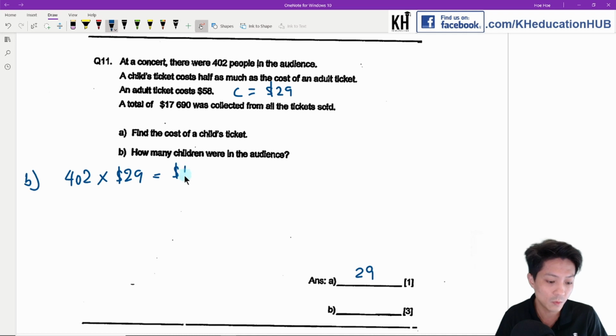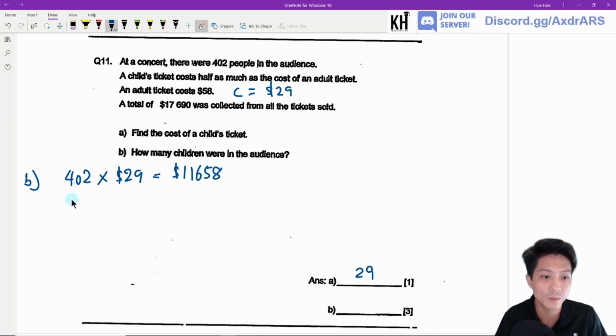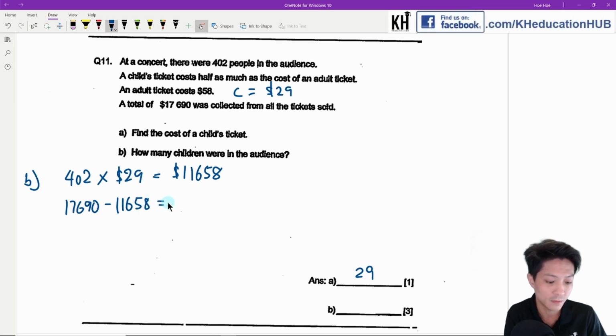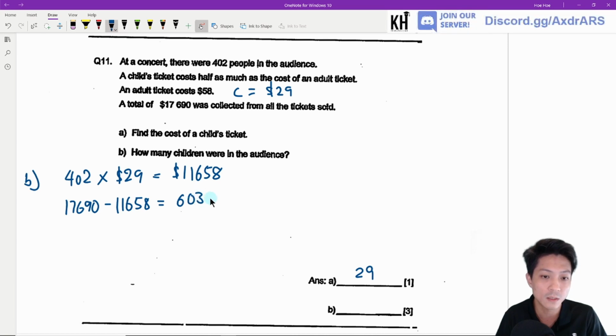Okay, it's gonna be 11658. Next step will be to find the difference, which is 17690 minus 11658. 17690, so the difference will be 6032.